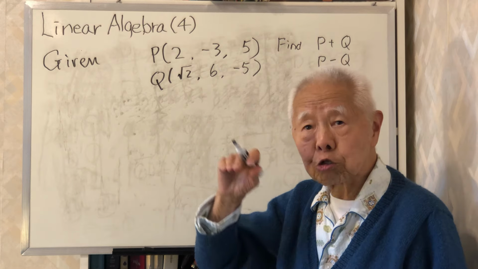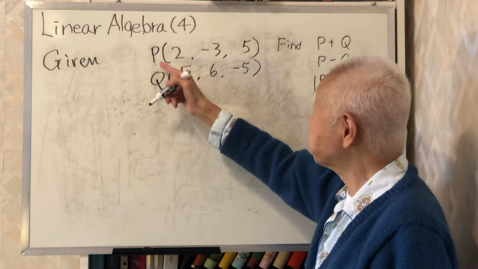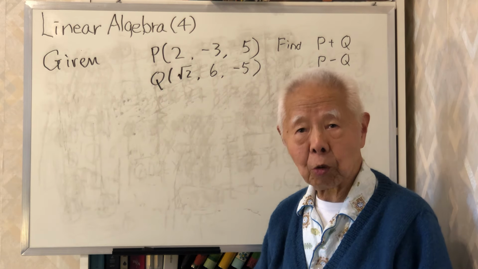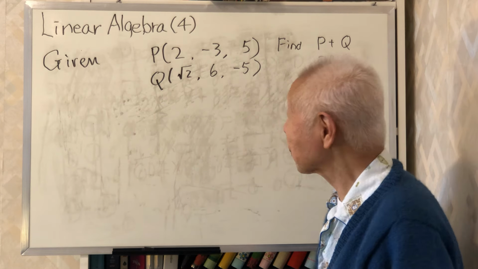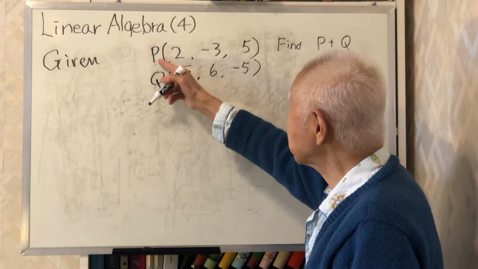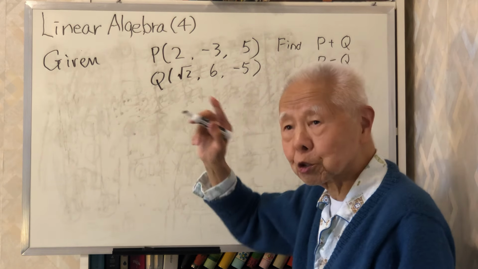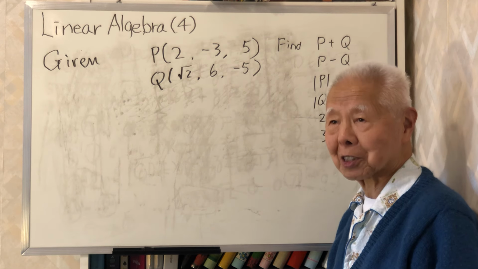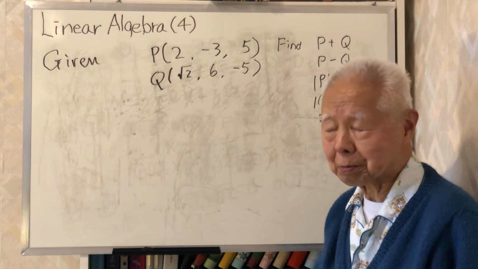The vector has 2 points, the beginning and the end. This P is the end point of the vector. What is the beginning point of the vector? It's the origin. So actually this P is OP. This Q is OQ. You have 2 vectors, you want to add 2 vectors. So this is the understanding of the problem.